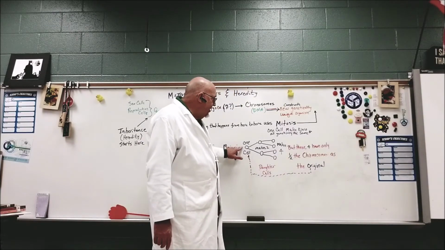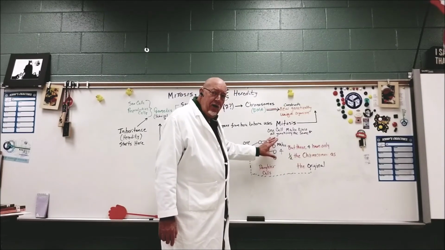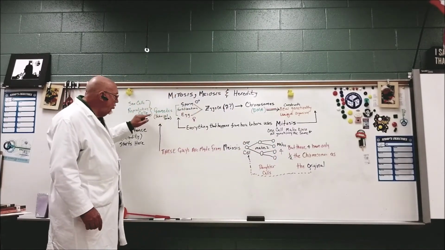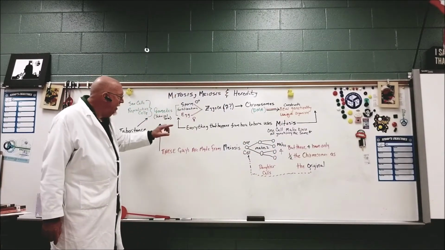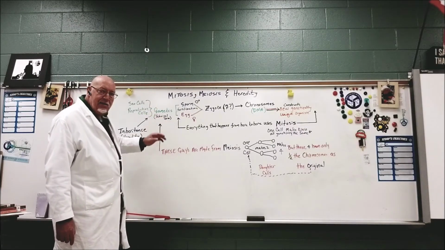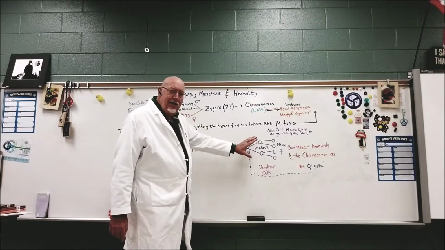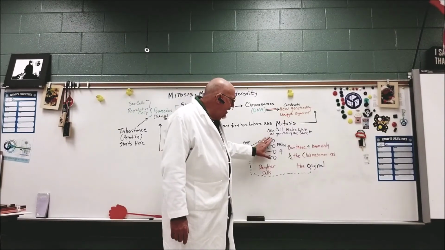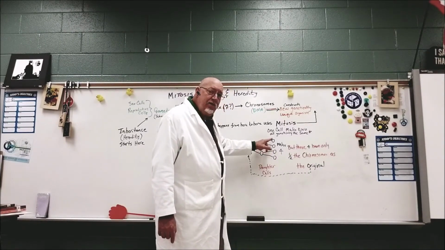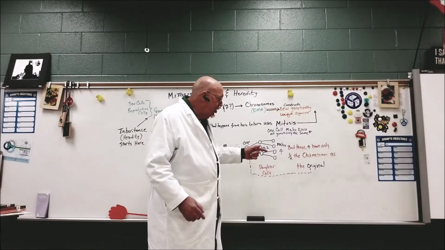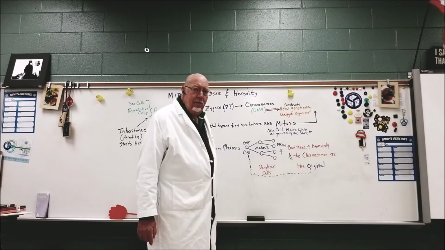So basically you have one cell that turns into four cells, four gametes, and this only occurs to gametes. These are only the sex cells that divide this way. So when you're creating sex cells within your body, they split up and they make four at a time, and these four have different chromosomes because they do some trading, and we'll talk about that again later when we get into meiosis.